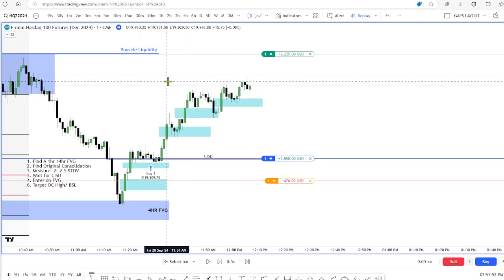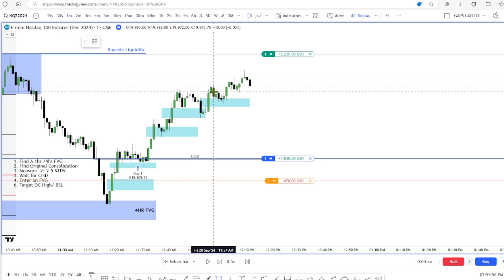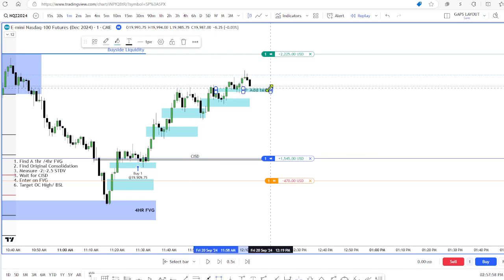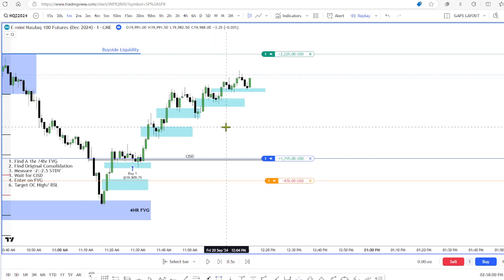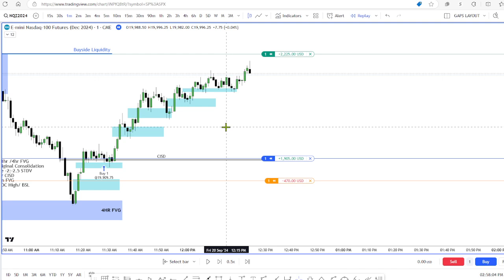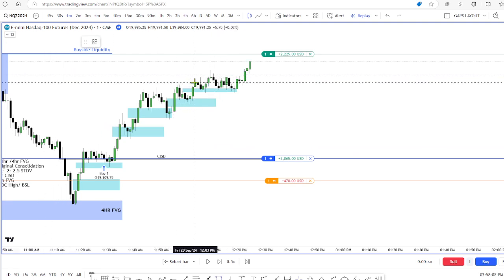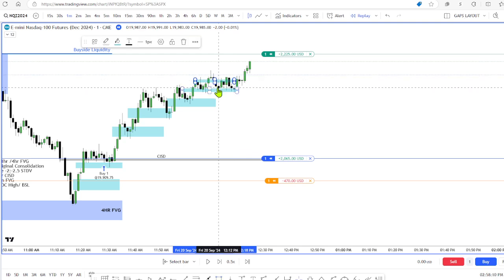Okay. What gives you the confidence to hold these? Well, if we have a change in the state of delivery, right, we need 2 or more fair value gaps to be broken. Okay. We have a small gap in here, but notice how even though we close beneath 1, the second one after that holds price, we continue to drive higher.